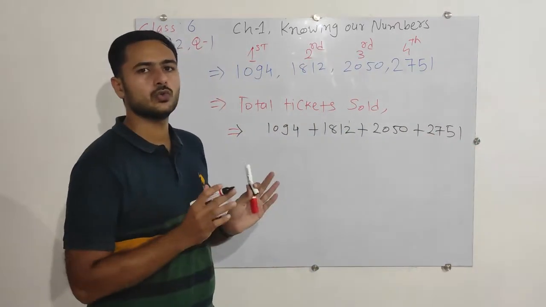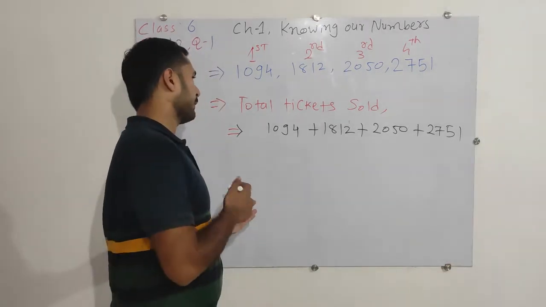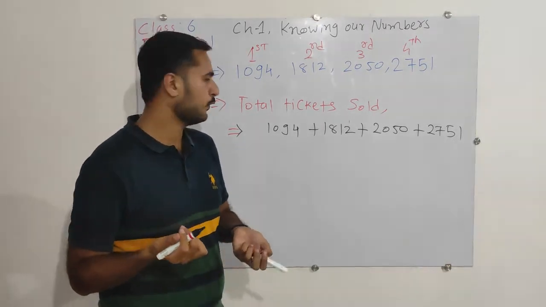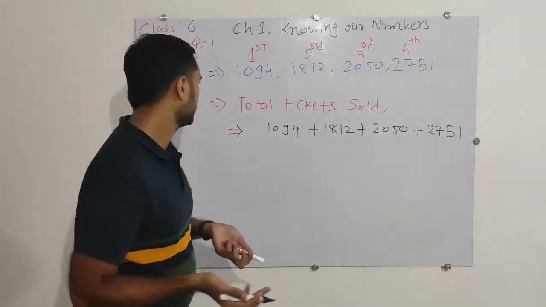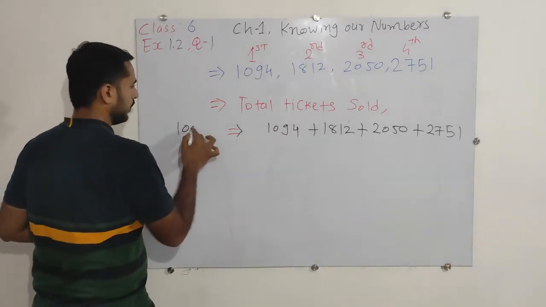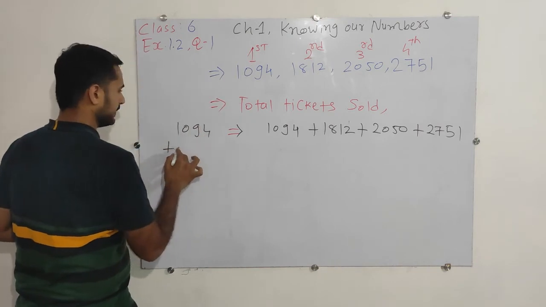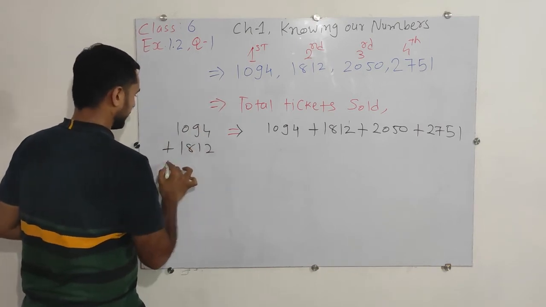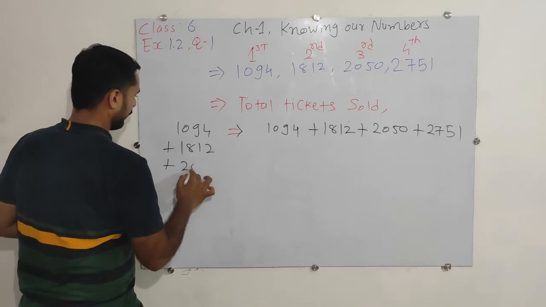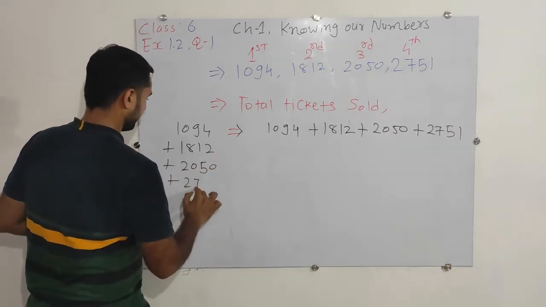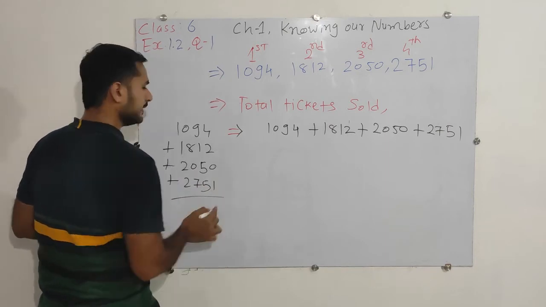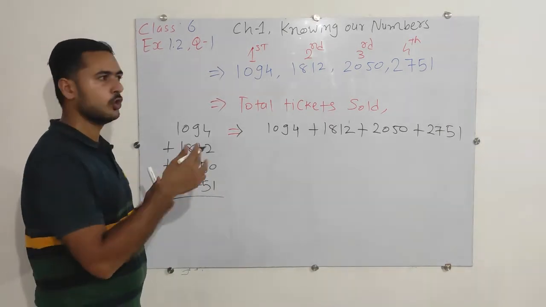That's very simple to do as an addition. If the horizontal one is difficult for you, you can do the vertical one also. See how: 1094 plus 1812 plus 2050 and plus 2751. For the first question, I am going to do both ways.